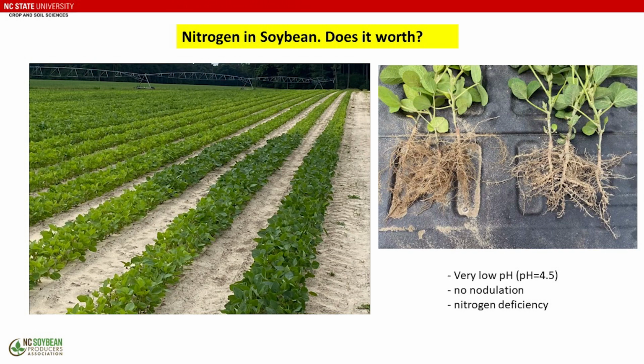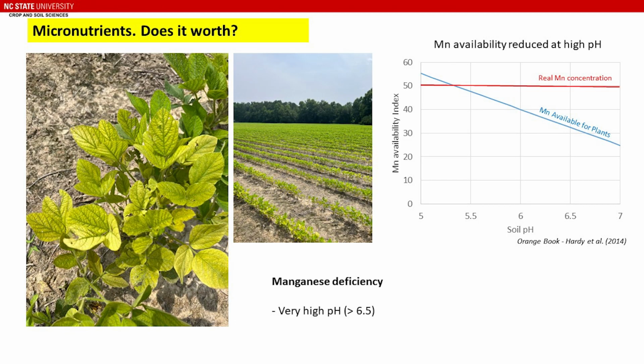In this situation, look at nitrogen deficiency in a soil of pH 4.5. Nodules in some spots where we probably have a little bit more organic matter, no nodules when the pH was very, very low. Another situation where maybe nitrogen should be in your toolbox.